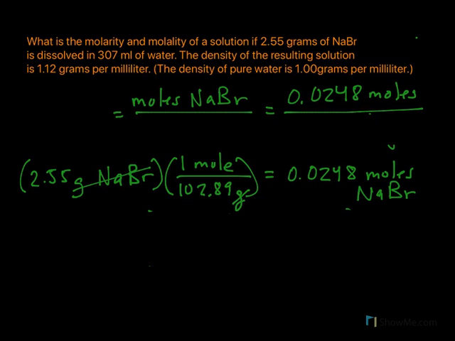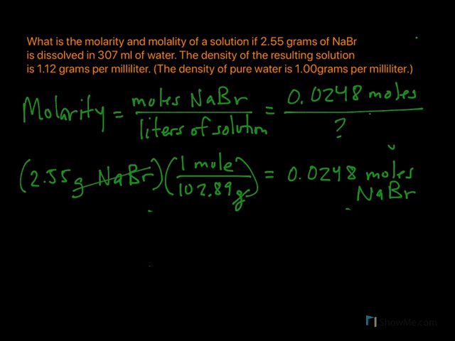To find out the molarity of the solution, again, molarity is equal to the moles of sodium bromide, same exact numerator as molality, but the denominator is going to be about liters of solution. So we have to find this number here. Well, we are given the density of the solution.